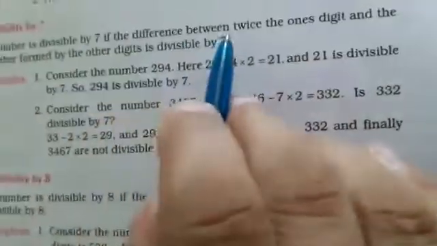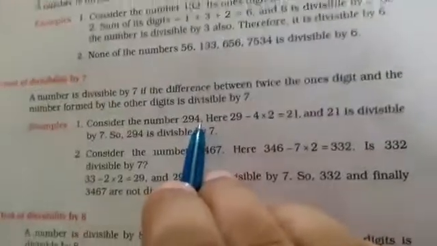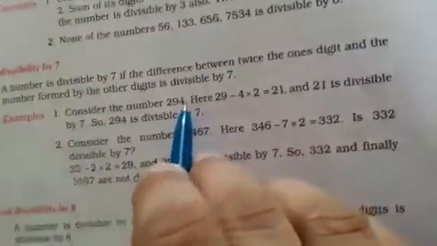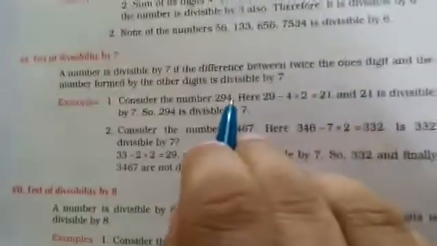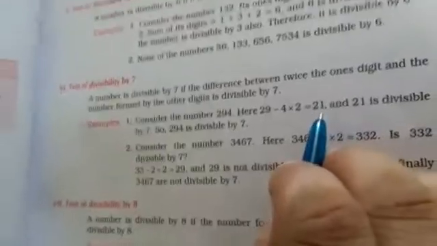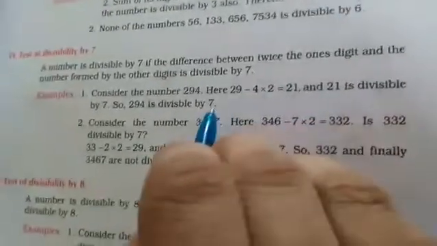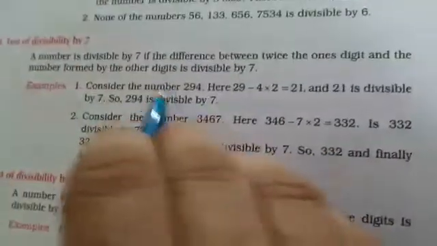Twice the ones digit: the ones digit is 4, and when you make it twice it will be 8, and the difference between the remaining digits and twice the ones digit means 29 minus 8, that is equal to 21, and 21 comes in the table of 7, so the whole number is divisible by 7.